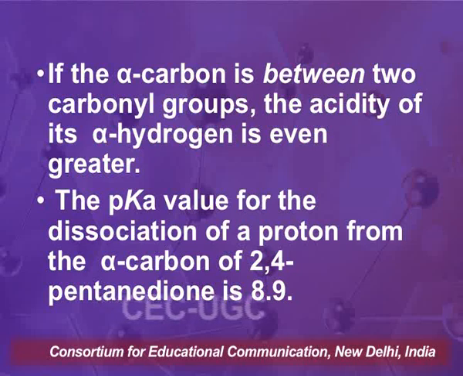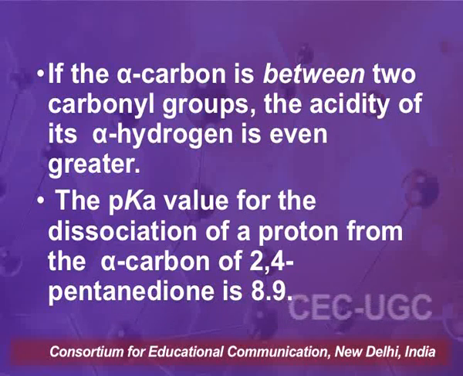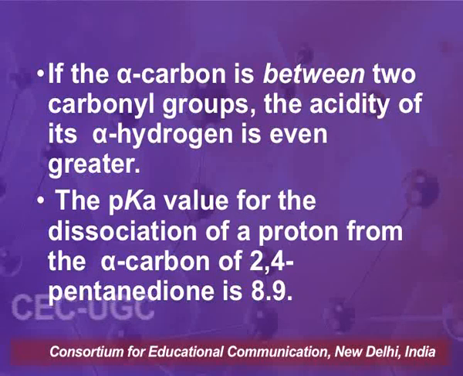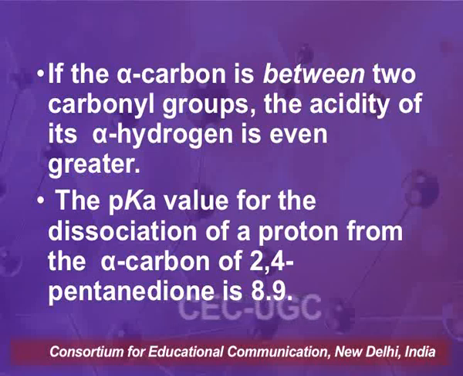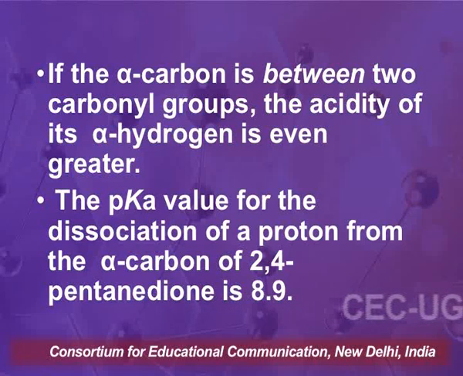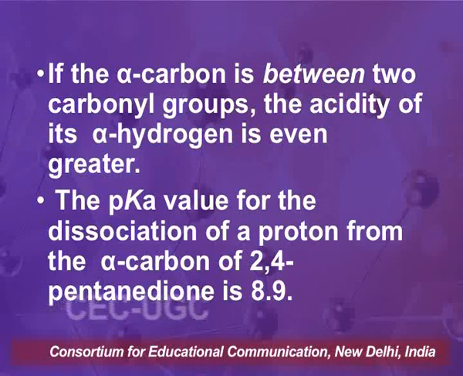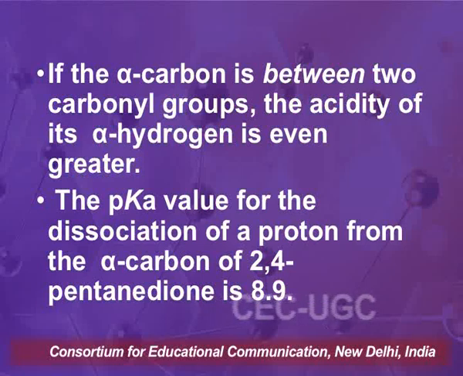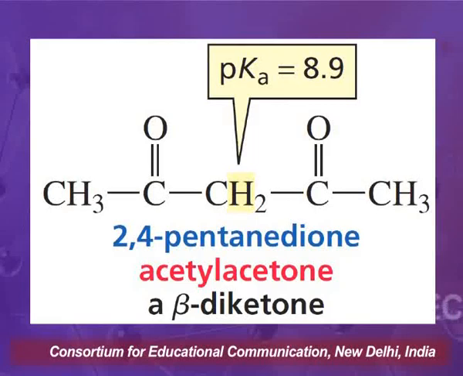So what will happen to the acidity of hydrogens of this methylene group, which is sandwiched between two electron withdrawing groups? We find that if the alpha carbon is between two carbonyl groups, the acidity of the alpha hydrogens will be even greater. For example, the pKa value for dissociation of a proton from the alpha carbon of 2,4-pentane dione is 8.9.